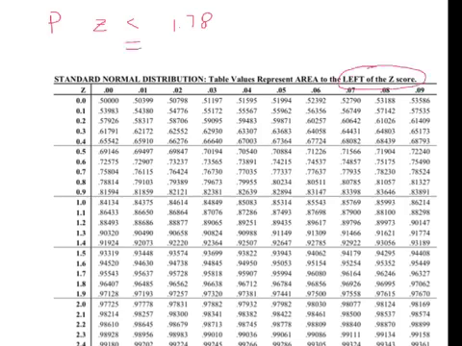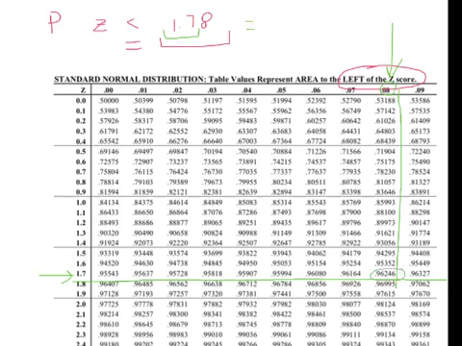So all I've got to do is look at the z-score 1.78, and then I'm going to find my answer. So you break it into two parts. Go to the 1.7 row, that's right here. Go to the 8 column, that's right here where it says .08. And where those two meet, that's your answer. That's the probability. The answer is 0.96246.